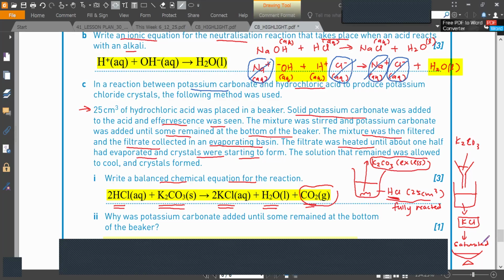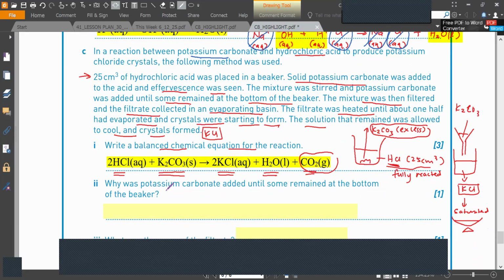Then we will start to get the crystals. The remaining solution was allowed to cool and crystals formed. Finally, we collect the KCl, the product. So that is the idea for this reaction, to produce the soluble salt potassium chloride.